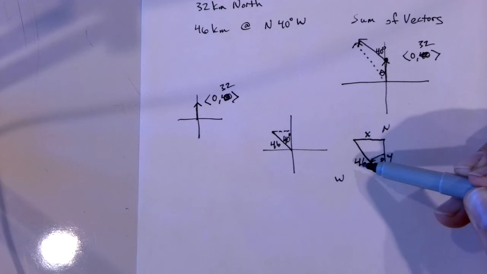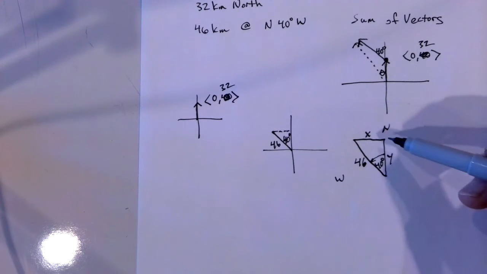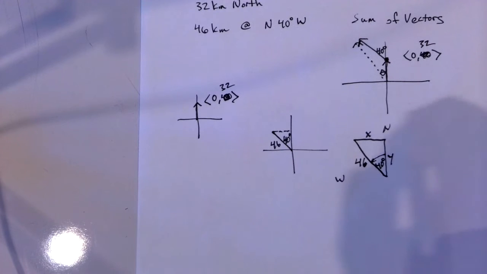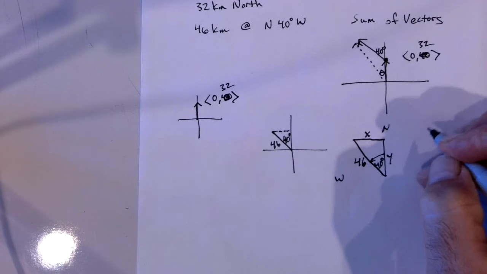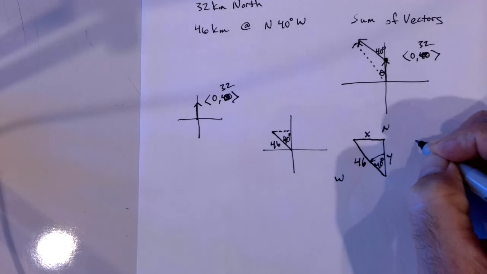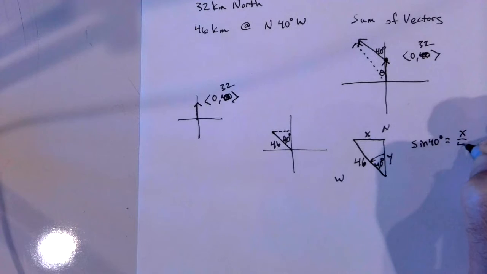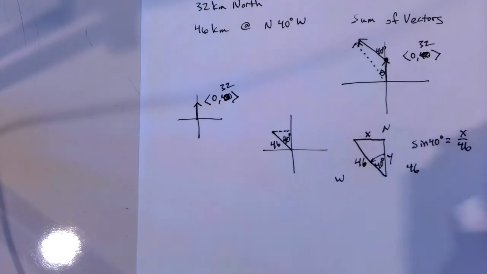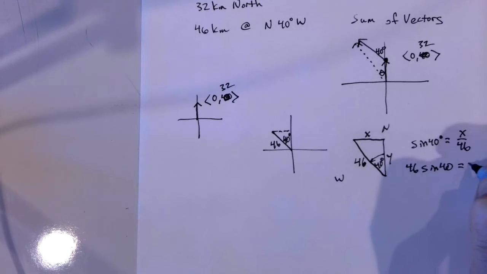The opposite and the hypotenuse in that situation is going to be sine. And so what you would have here is the sine of 40 degrees is equal to x over 46. Multiply both sides by 46. 46 sine of 40 is equal to x.